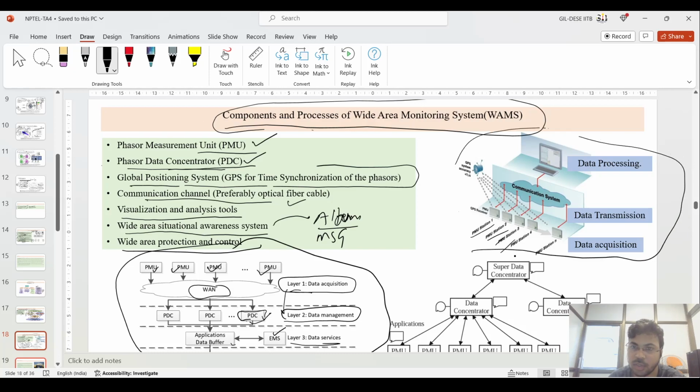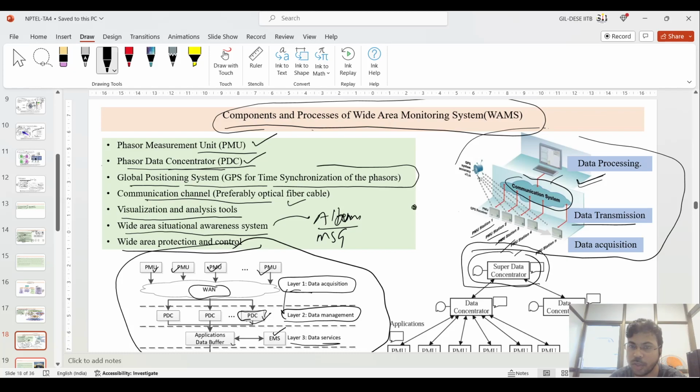If you see the right side, first row image, there are certain PMU stations which are connected to the PMU GPS receiver, and then it is transferred to the communication level where the data is transmitted, then processing happens at a local or distributed level.